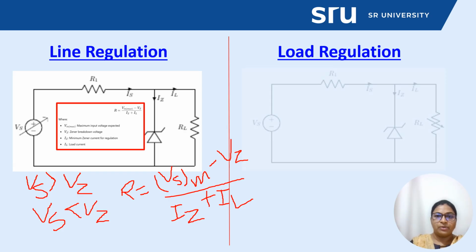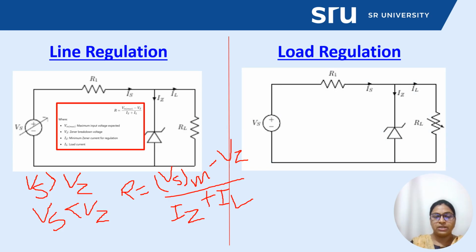So for the load regulation, this is the load regulation circuit connection. We saw that the variation was in the input source; here the variation is in the load. In load regulation, we are varying RL.